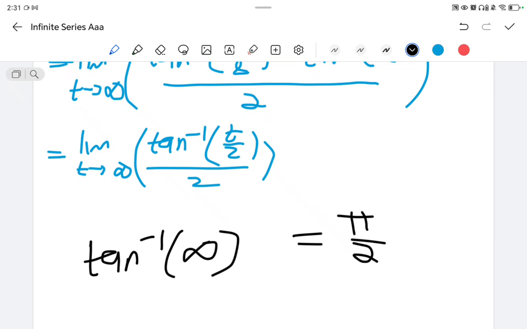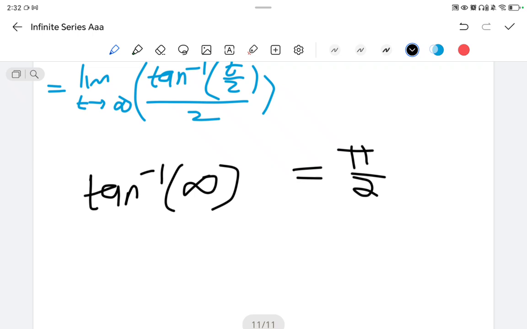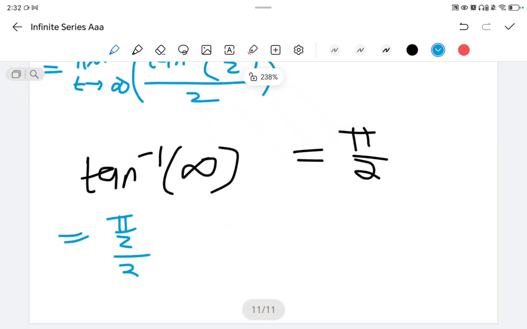If we all agree, this is what you should just know. The arctan of infinity will always be pi over 2. So this will be pi over 2 over 2, which is pi over 4.